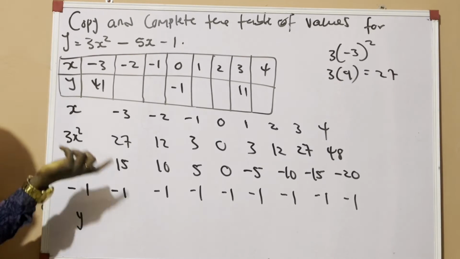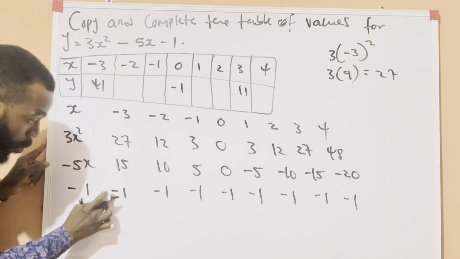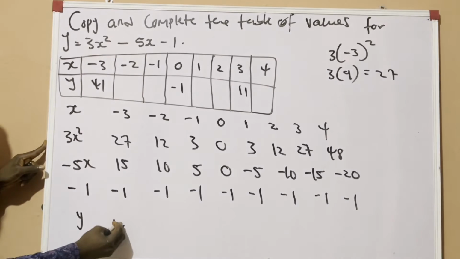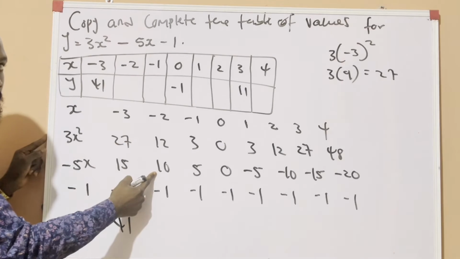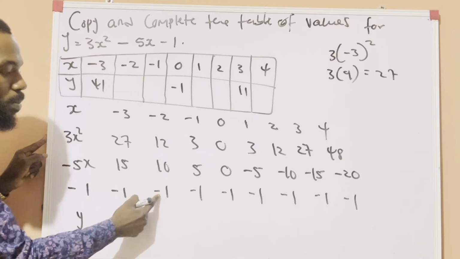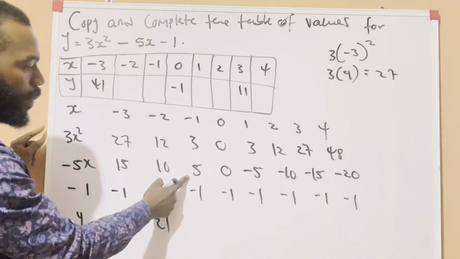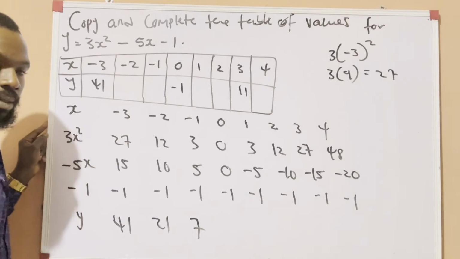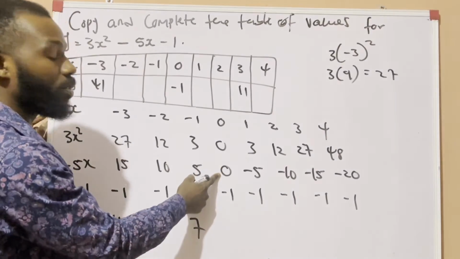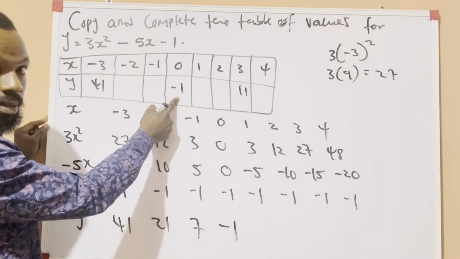You see, it's as simple as that. Next, 12 plus 10, 22. 22 minus 1 gives us 21. Again, 3 plus 5, 8. 8 minus 1 gives us 7. Again, 0 plus 0, 0. 0 minus 1, minus 1, which is what we have here.